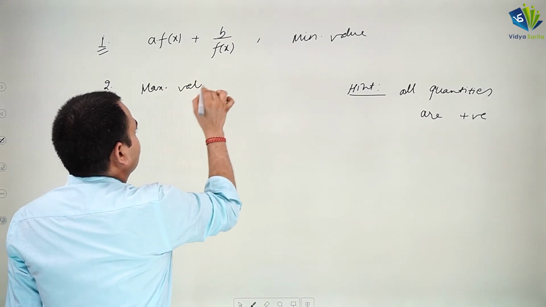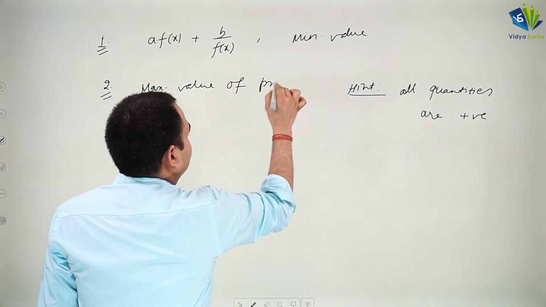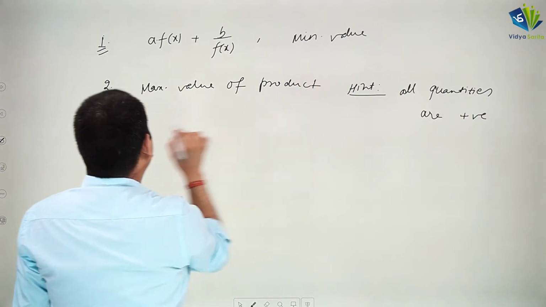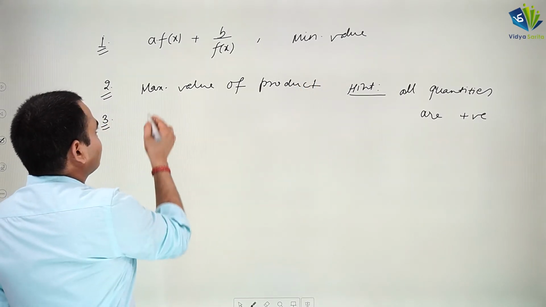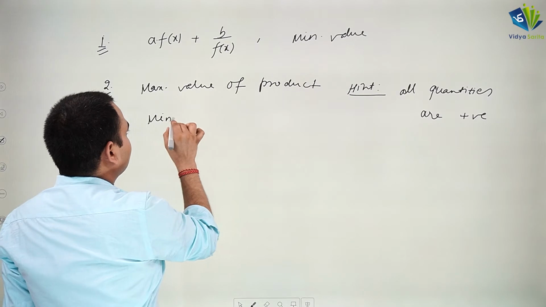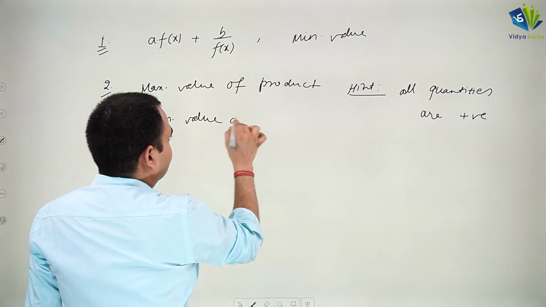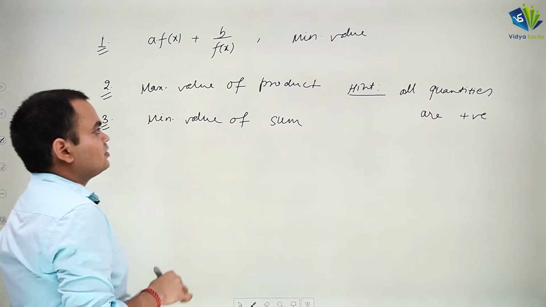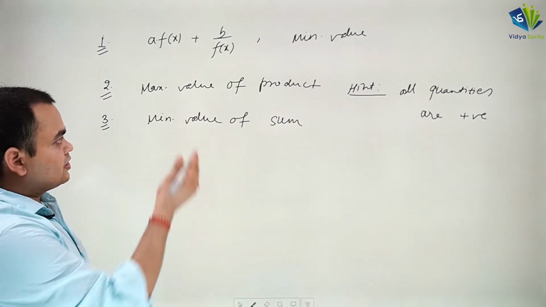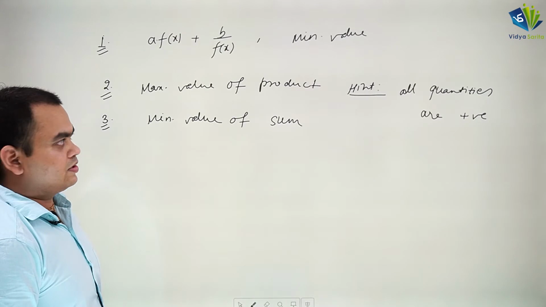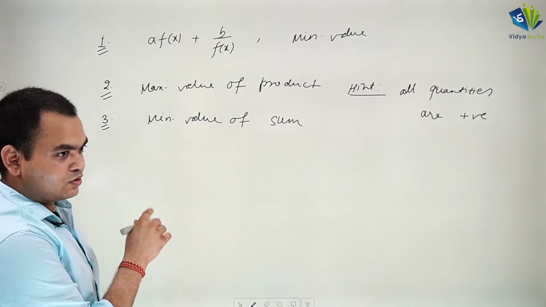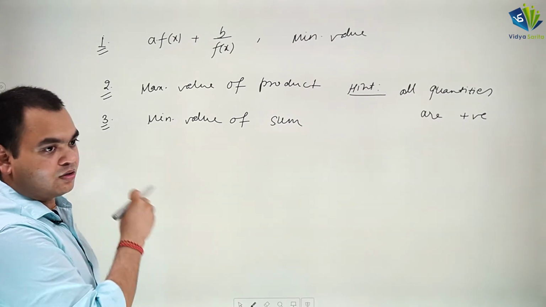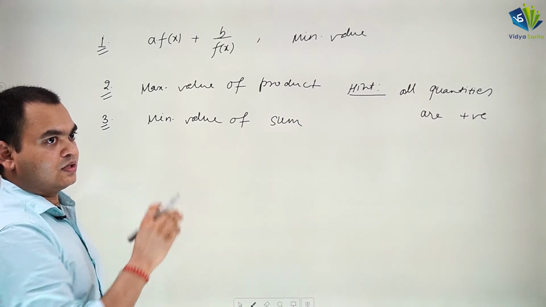So the second point I am going to mention here is that they will ask the maximum value of product, or the third thing, they will ask you the minimum value of sum. In these cases we use this AM ≥ GM concept, which is the most stable thing for all positive quantities.